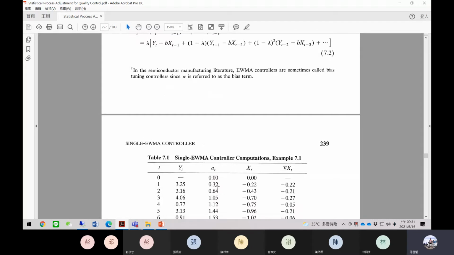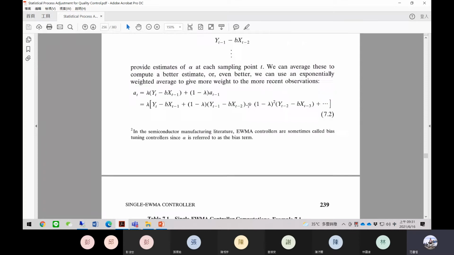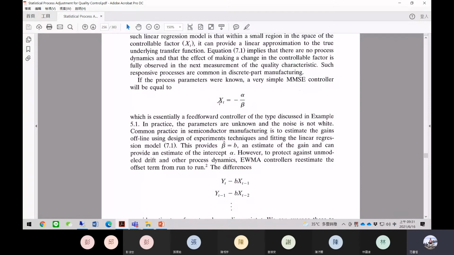Let me do the calculation. 0.32 divided by 1.5. Hold on, I try to find my phone. I use my cell phone to perform the calculation. We'd like to calculate X1.